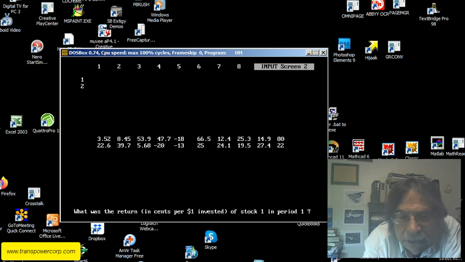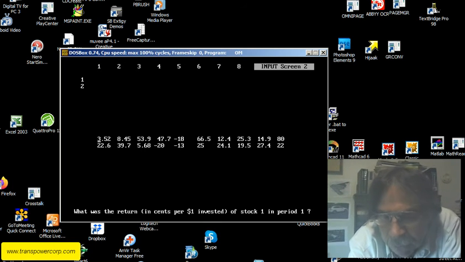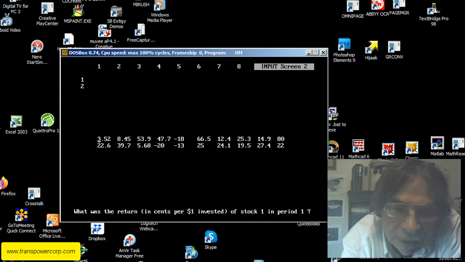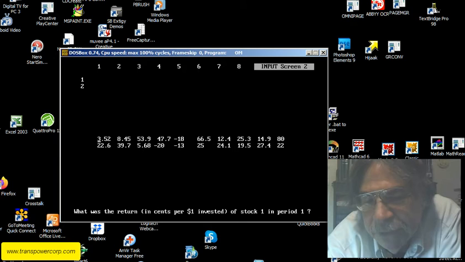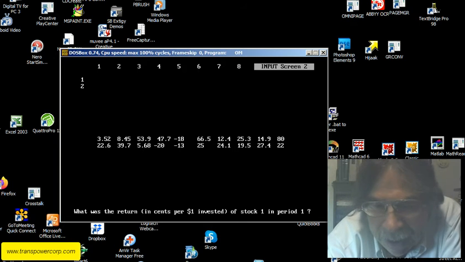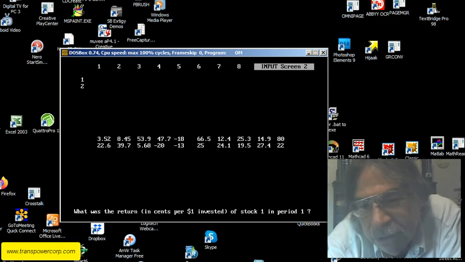Now, as I've said, I'm using DOSBox to run under Windows 64-bit, actually Windows 10. DOSBox does not have a config.sys option, so I can't put in device equal ANSI IBM.sys, which would make all the numbers line up correctly, but it doesn't matter. You can see what's going on here. You just look at the bottom of the screen.